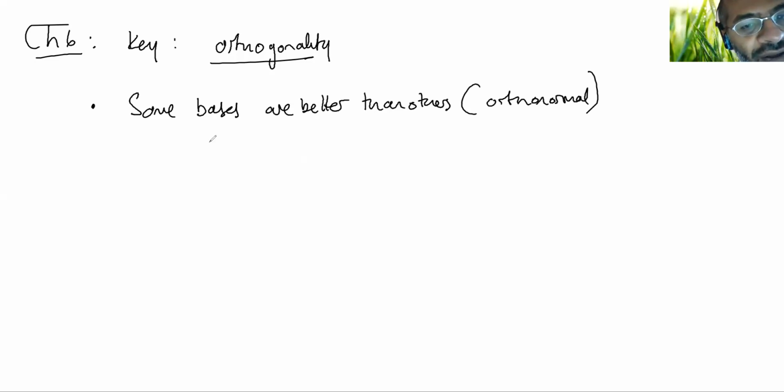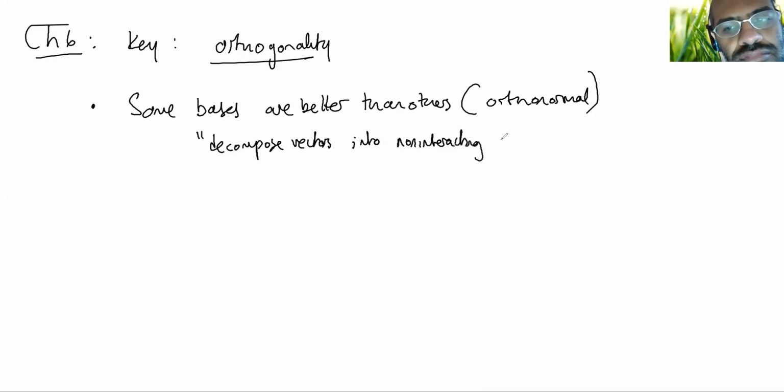Orthonormal bases are better because they allow you to decompose vectors into non-interacting components. In some sense, orthonormal bases are a generalization of the standard basis. The standard basis is great because, in some sense, the coordinates don't interact. You change one of the coordinates, it doesn't change any of the other ones.